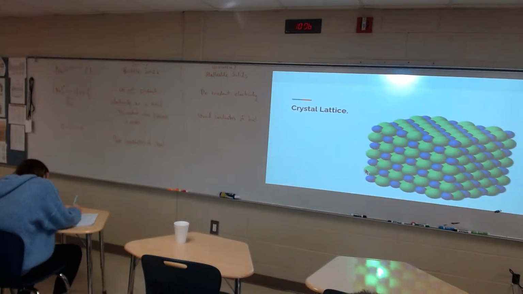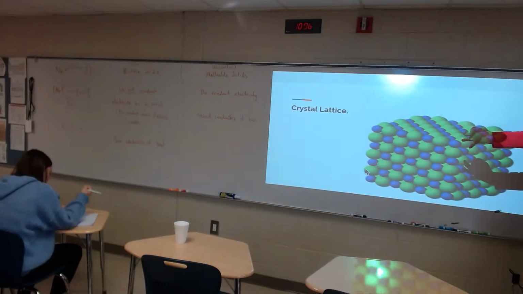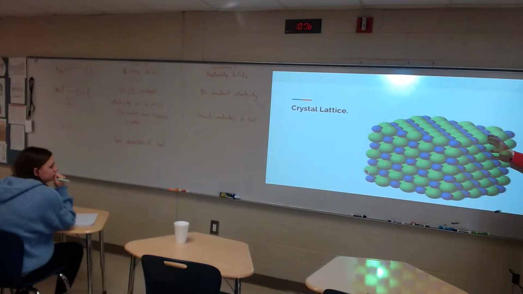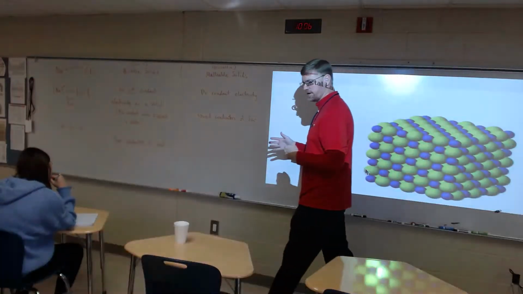So the greens and the purples right there are going to get pulled apart by the water. One water molecule, for example, would grab this purple sphere and pull it this way, and one would grab that green and pull it this way, and a purple one this way, and a green one that way, and then eventually the whole thing gets dissociated. And now you have a bunch of what we call free ions, okay, floating around, right?